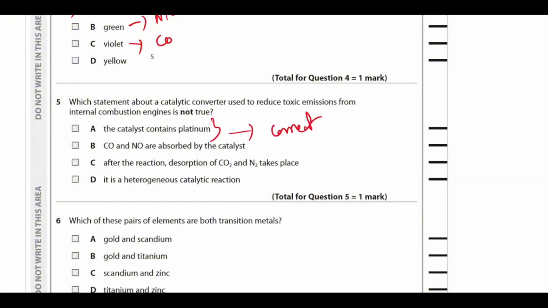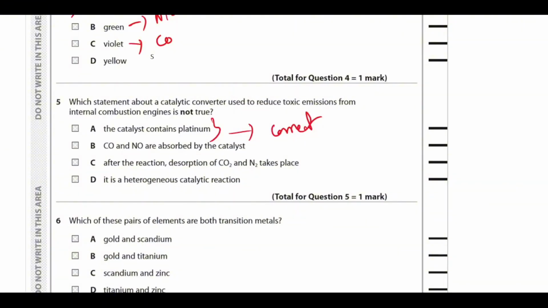They basically react on the catalyst surface, and then the carbon monoxide is oxidized to carbon dioxide, and the nitrogen dioxide is also reduced to nitrogen. So you can say that the catalyst facilitates the chemical reactions rather than just absorbing these gases. So yeah, option B won't be correct. But let's see option C and D.